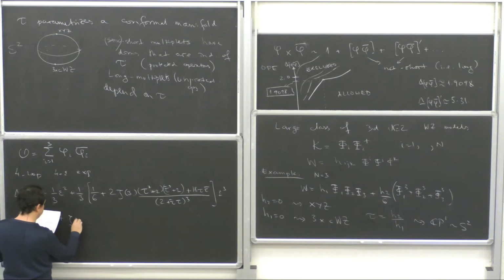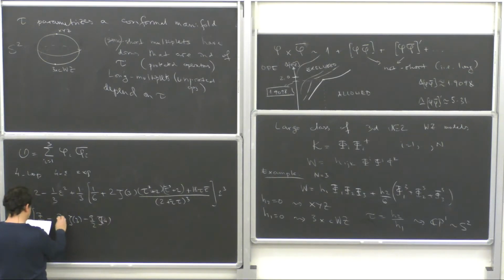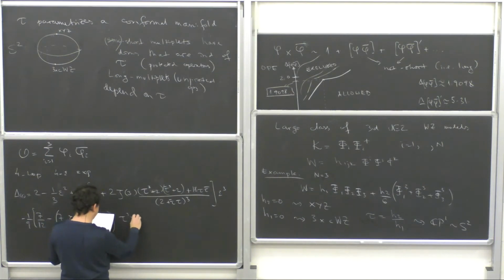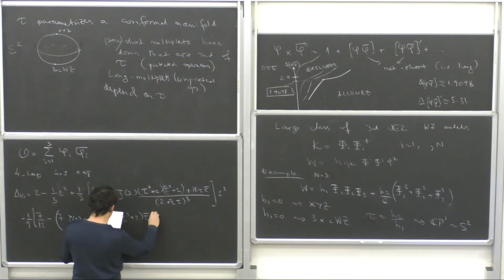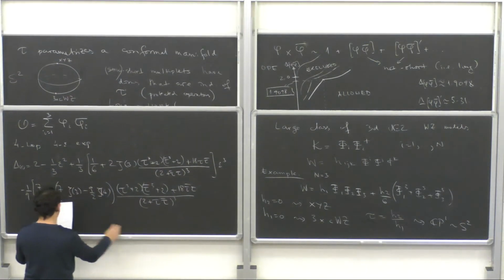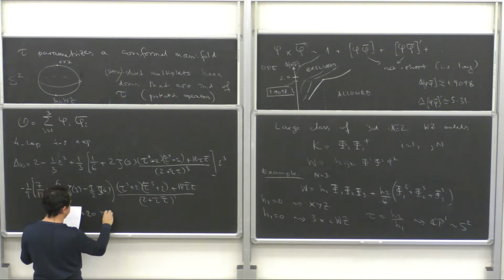But I'm going to stop at 4 loops. I think one can do also 5 loops, and there's a person who looked at that. Final term, it's 20 zeta 5.